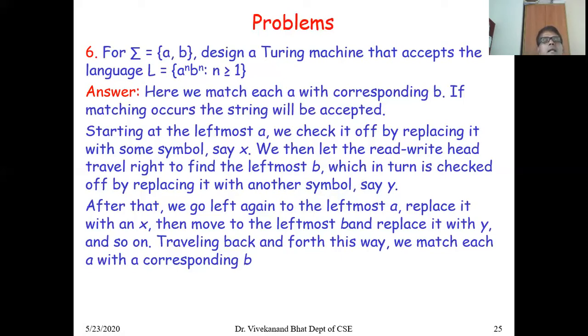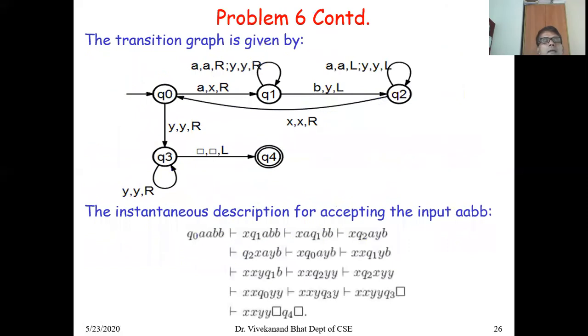So the transition graph for this Turing machine is given as follows. We need to have 5 states. In Q0, we are reading A and replacing it by X and moving right. In Q1, we keep on reading A and replacing A by A, moving right.